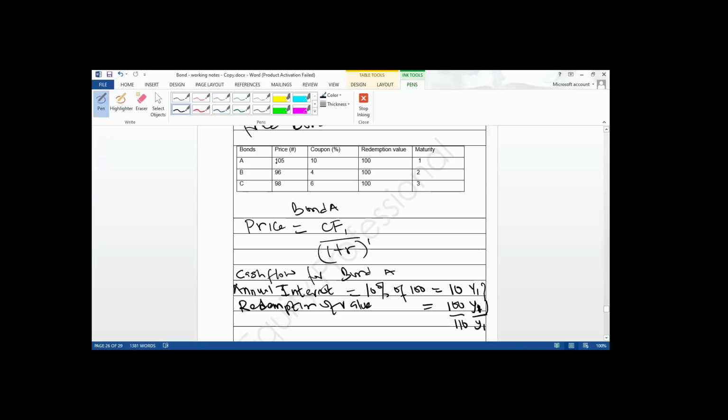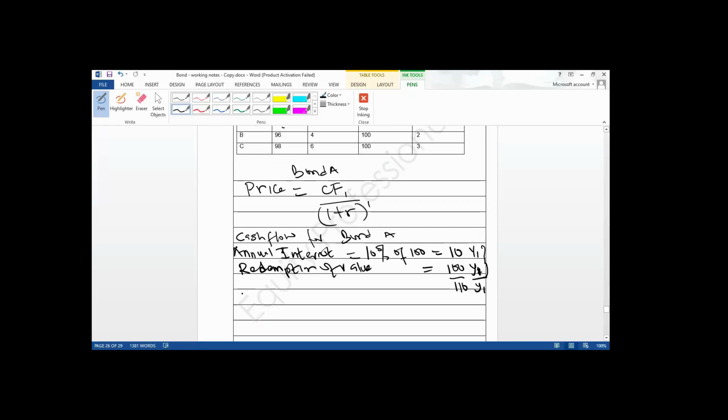Now, the price is 105. That means 105, the price, is equal to the cash flow in year 1, 110, over 1 plus R raised to power 1.